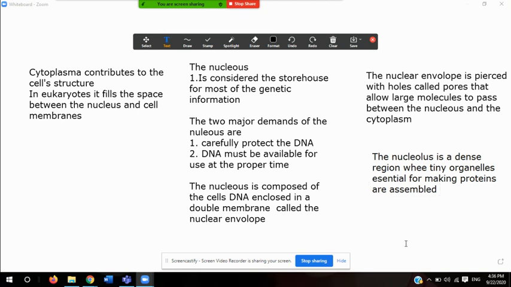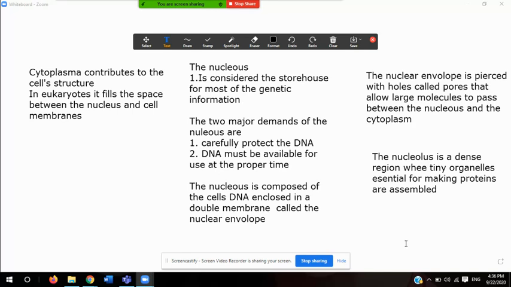Now, speaking of the ribosome, that's the next thing we're going to talk about. So real quick, the nucleolus is a dense region where tiny organelles essential for making proteins are assembled. These organelles, called ribosomes, are a combination of proteins and RNA.